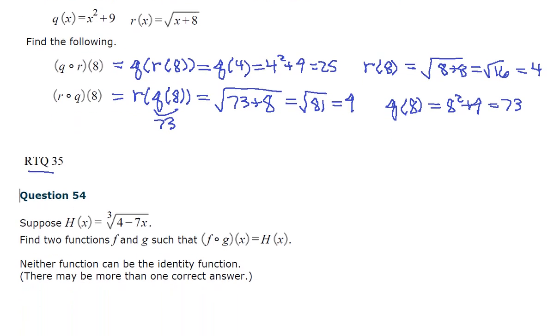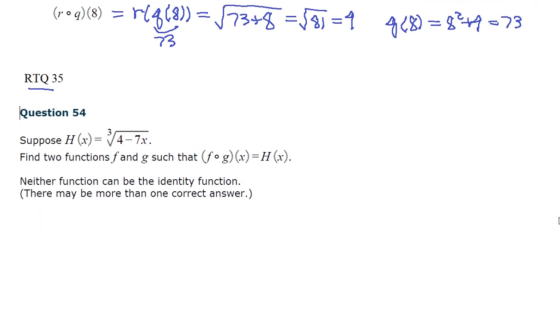And then last example. Here they give us a function, cube root 4 minus 7x. They want us to break it down as a composition in f circle g of x. So they want us to write it as an f of g of x. So you've got an inside function here and an outside function.